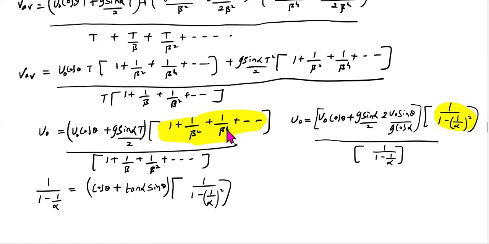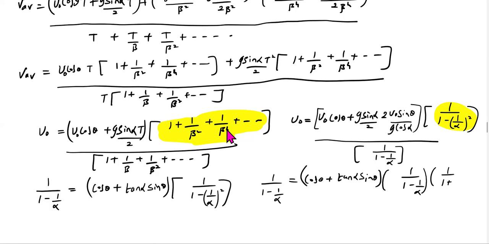So further, this will become 1 by alpha, cos theta, tan alpha, sin theta, 1 minus 1 by alpha, one plus alpha.